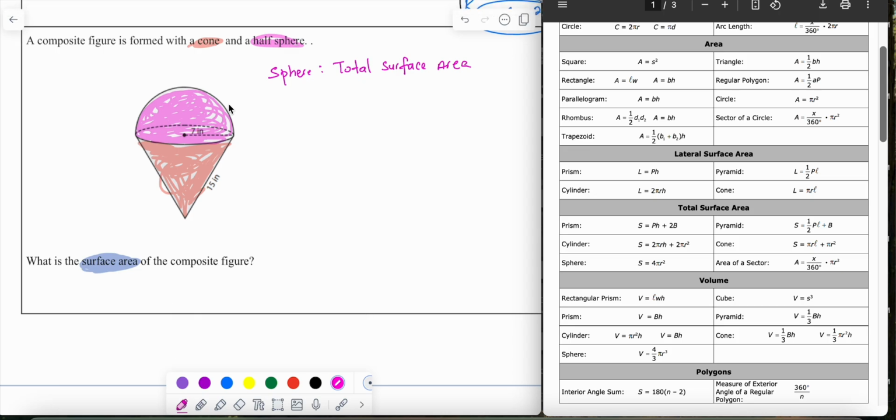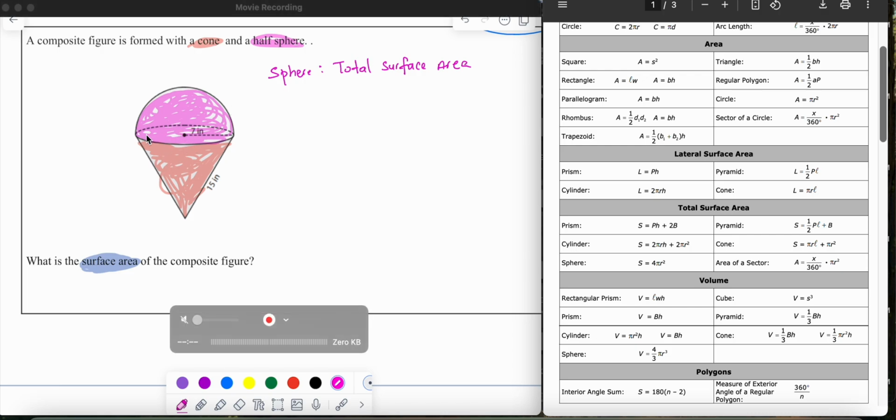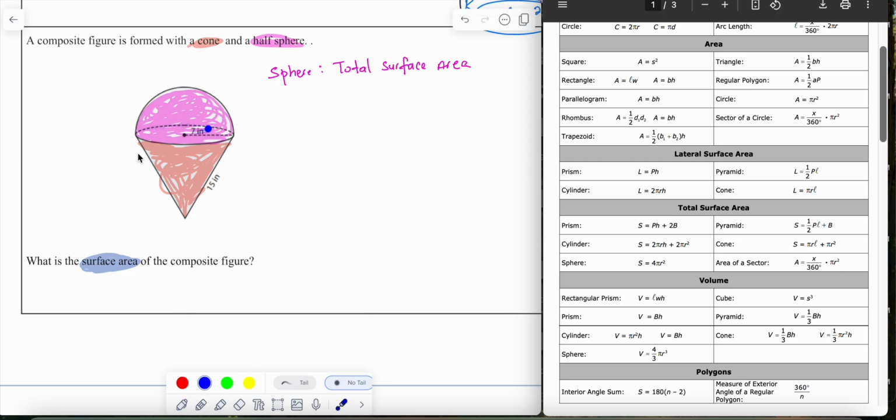Looking at it from outside, from the top downwards, you will not be able to see this part. It is not exposed. What is exposed is only the round top here and the side.